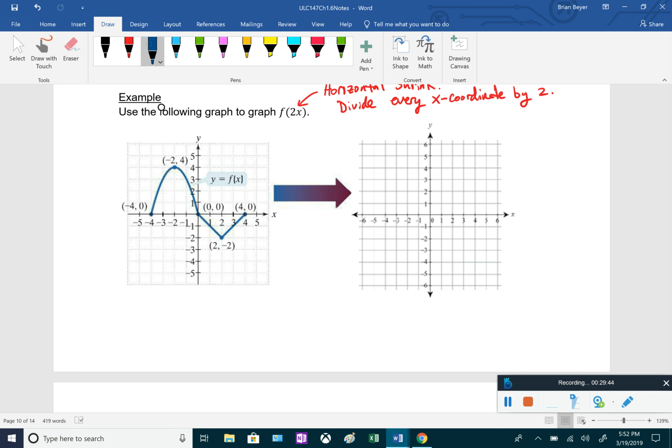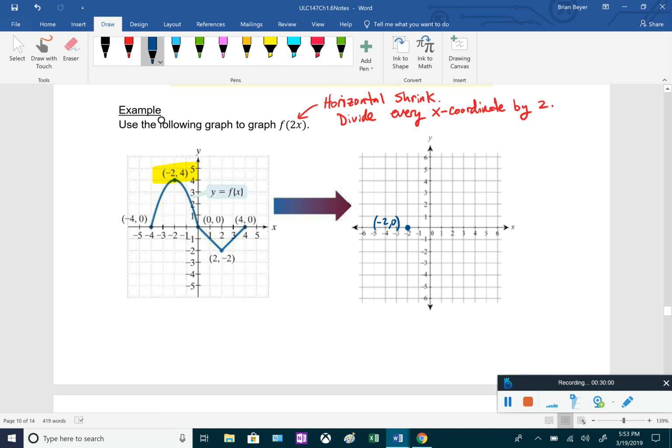Dividing the x coordinate by 2 gives us -2, 0. So we plot that point. Next, we have this coordinate -2, 4. So dividing the x coordinate by 2 once again, negative 2 divided by 2 is negative 1. So negative 1, 4.